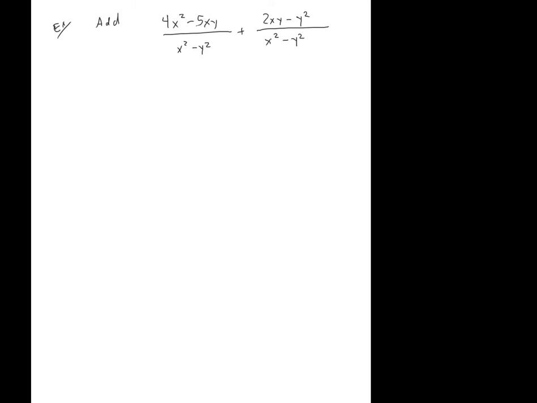A really nice example here because these denominators are the same. So all we have to do is put all the numerators in one fraction, over x squared minus y squared. Any questions here?